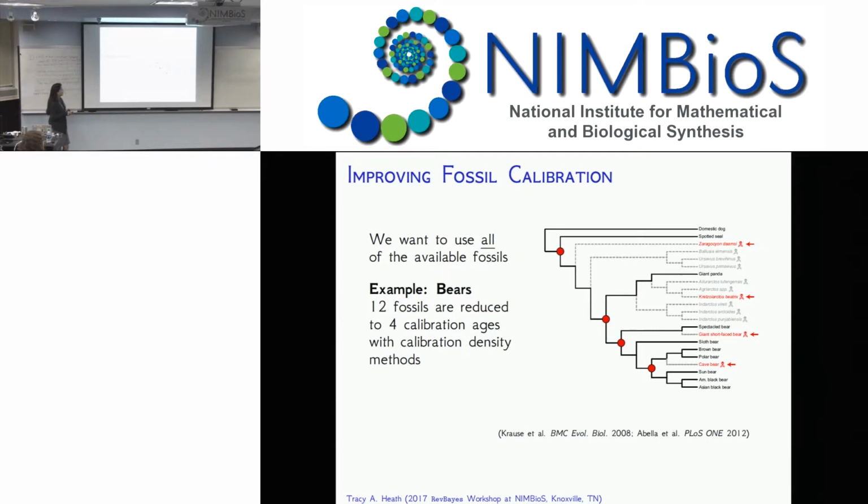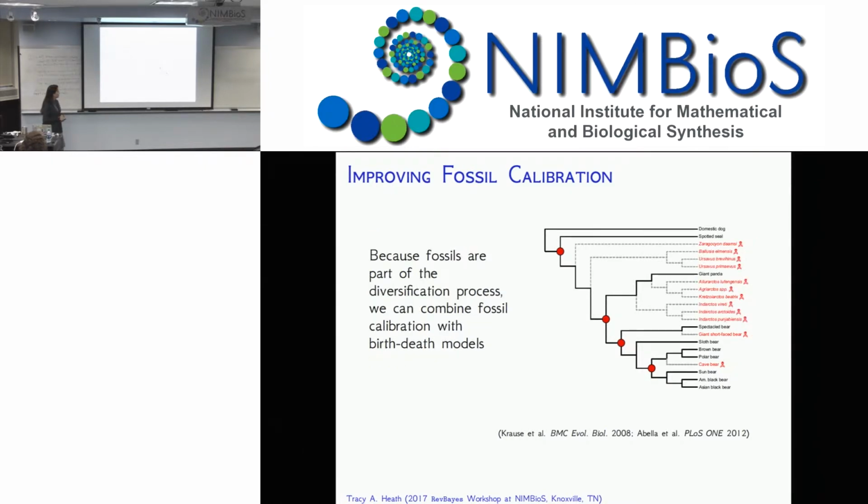Anyway, we take all of the fossils and reduce them down to only 4 calibration densities. So there's a lot more information that we're throwing out and just using it to construct this prior on the tree. So, in the end, we'd actually prefer to use all of the data and not throw out a good chunk of it.